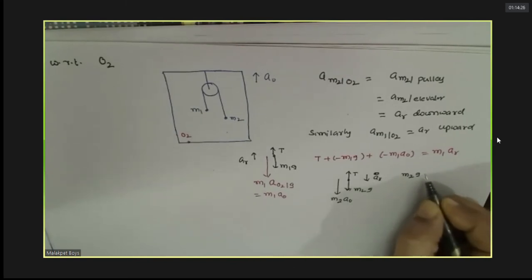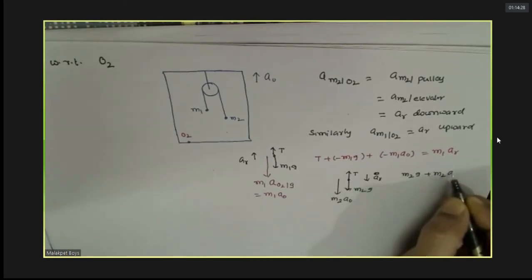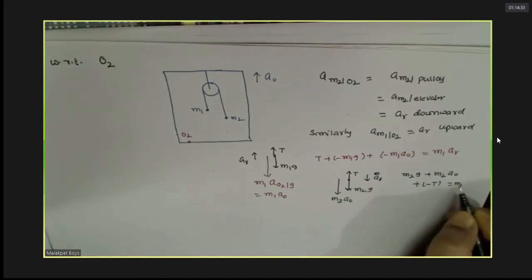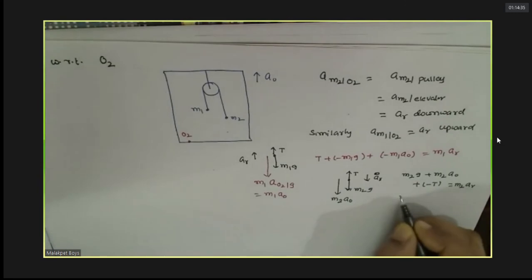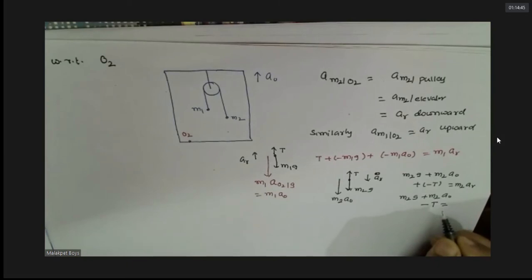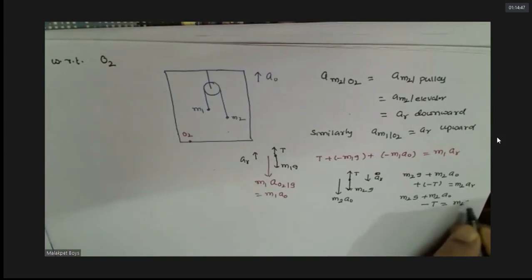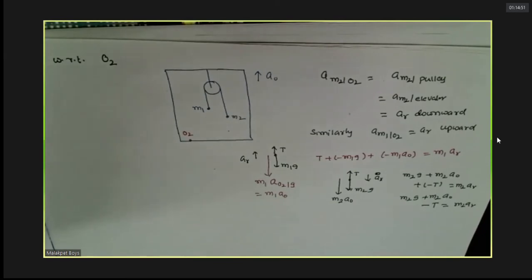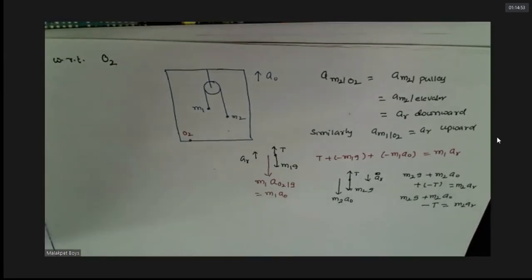M2G plus M2A0 minus T is M2AR. M2G plus M2A0, we agree with this? Minus T. Yes, sir. Any doubt? This is the pseudo force, no?